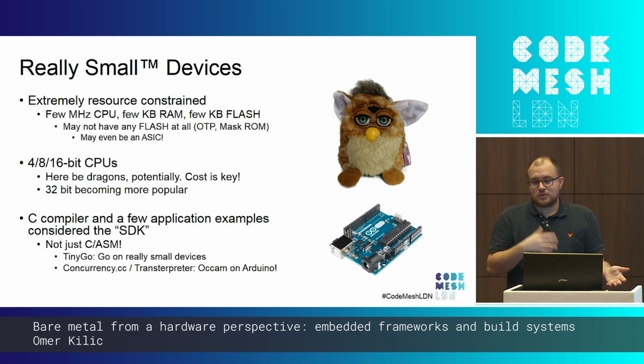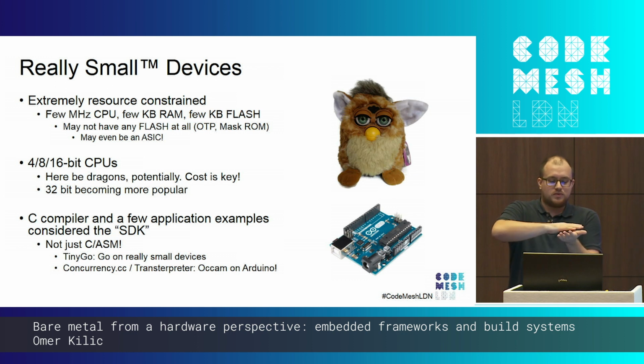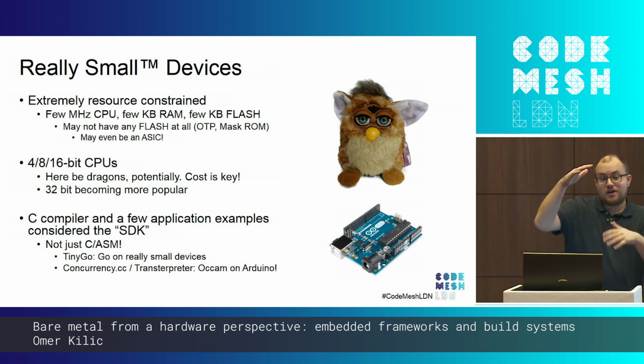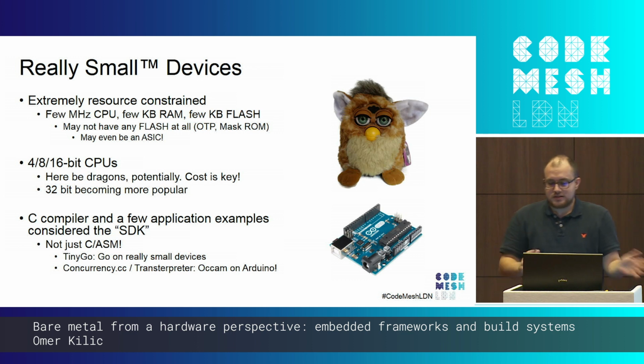Or again, based on volume, it could be a mask ROM where your instructions are effectively translated into a photolithographic mask, which is usually the highest level of the chip, and they are hard-coded into silicon effectively. Very rare that you will get to use these techniques. They're usually used for products that are designed to be extremely cheap and sold at quite high volumes.